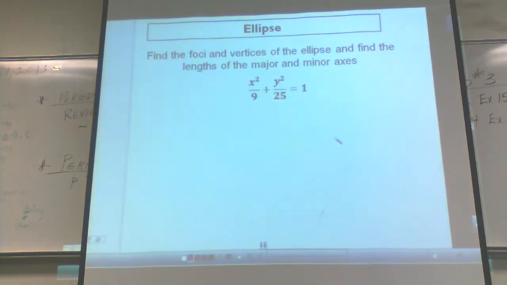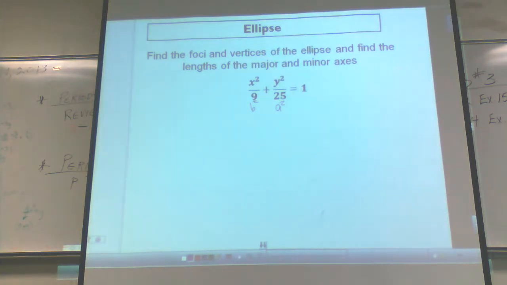And I'm talking about denominators, right? So 25 obviously should be bigger than 9. So in terms of doing this, I would probably identify that first, okay?